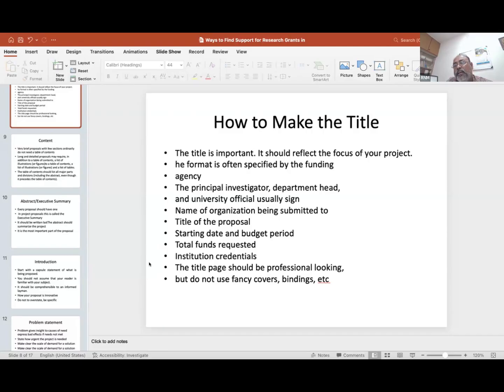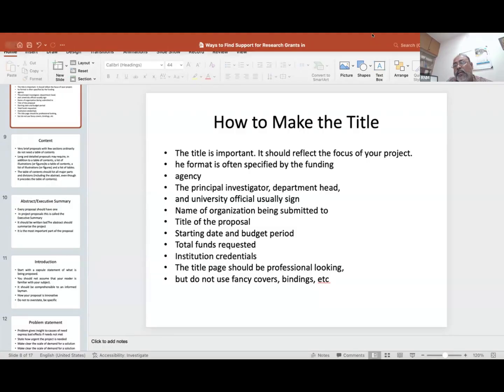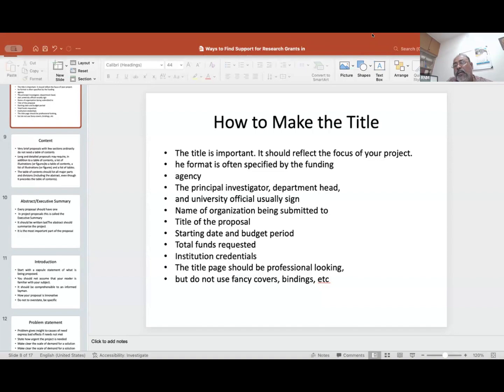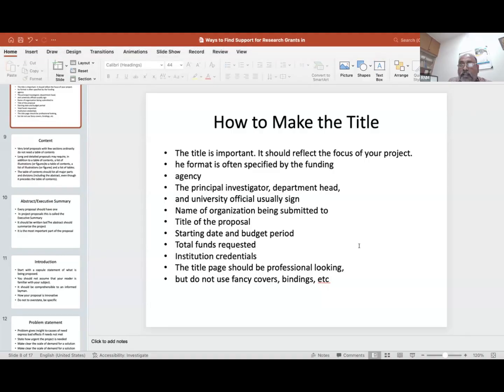You'll find senior people who work in the field of research, especially those who have mastered securing funds, will tell you that what is inside is important, but what is on the cover is more important.